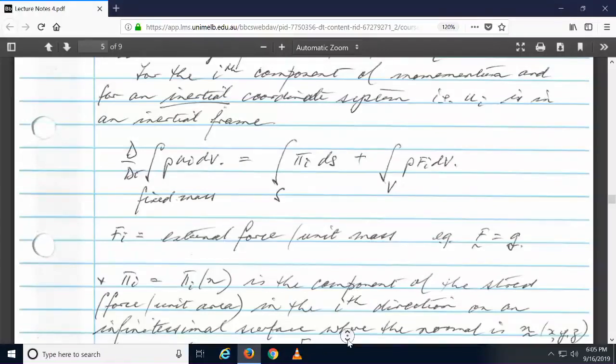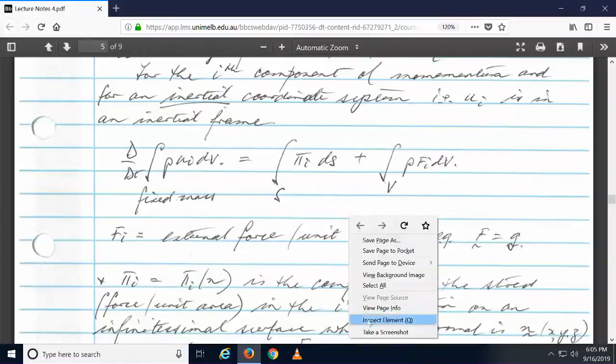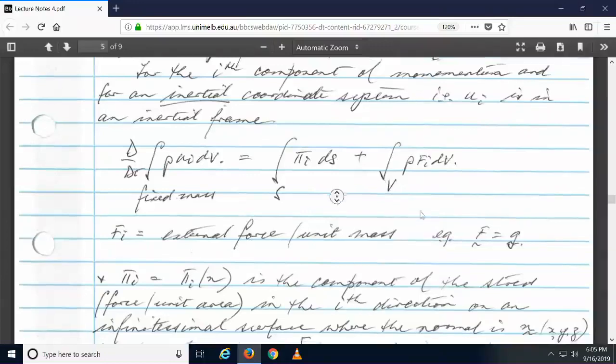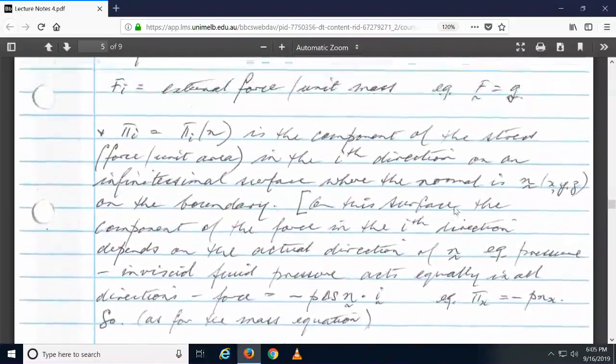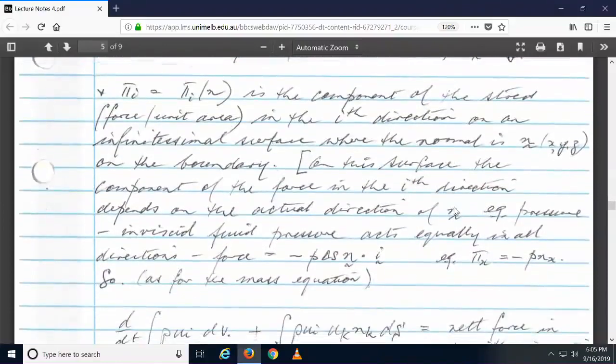And so you say, well, my goodness, this is complicated. But it's not. Now, the force per unit area, or the stress, in the ith direction on the surface delta S depends on the direction of the normal.